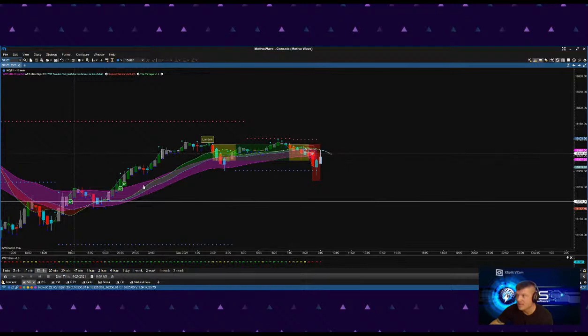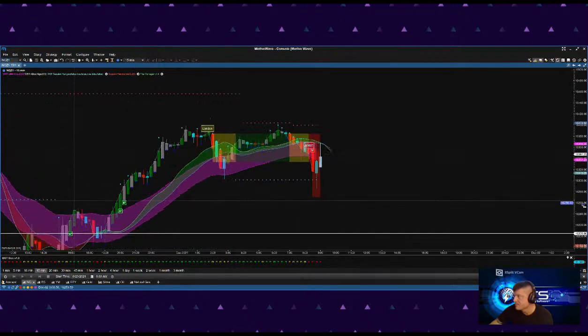However, this cloud right here is what keeps you in the trade. It came back down below your entry just a little bit and made you sweat for 10 points, so you were down $200 per contract. Then you bounce back up, bounce down below on a 6-star sell, but you're still in the trade.